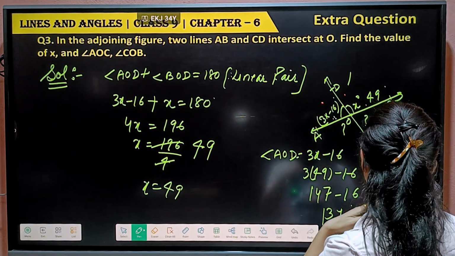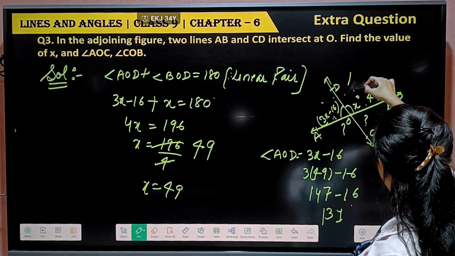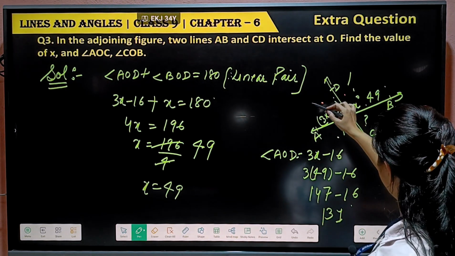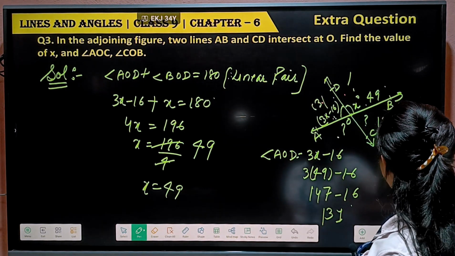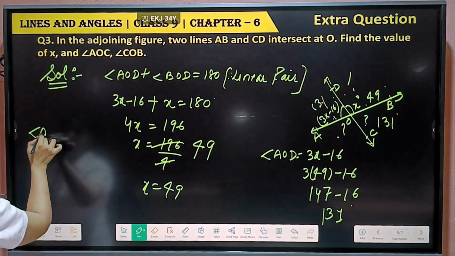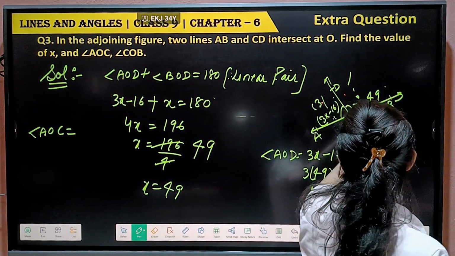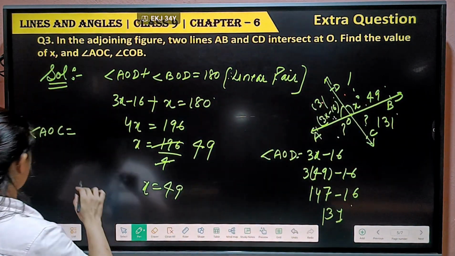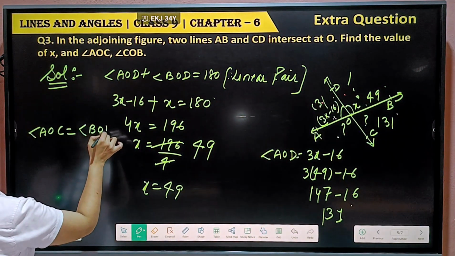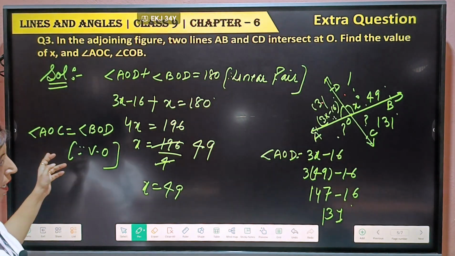So 49 plus 131 is 180 degrees, right? So this angle is 49, this is also 49, this is 131, so this is also 131 degrees. So angle AOC is equal to angle BOD because of vertically opposite angles. Vertically opposite angles are equal.